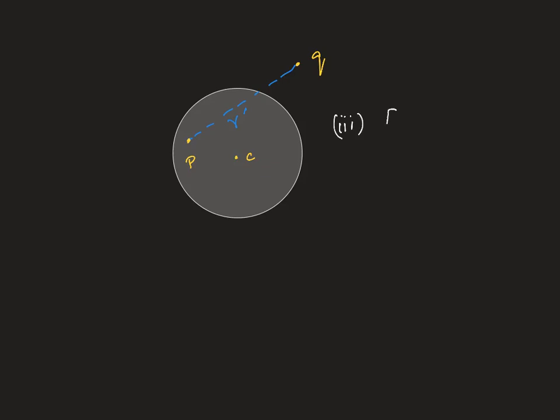This was our conductor, and again there was a charge Q. This was C, obviously, this was P, and let's assume some distance here. Let's say the distance between this is R dash. So again, the next question, the third question, is going to be field due to Q at point P.